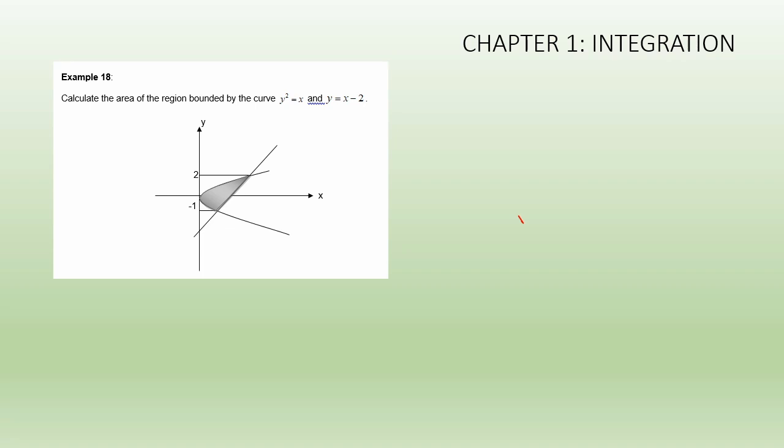From the graph, we label the bounded region R as the region between the linear graph y equals x minus 2 and the graph y squared equals x. From the graph, we have the interval of y from -1 to 2. So we will have the integration with respect to dy.